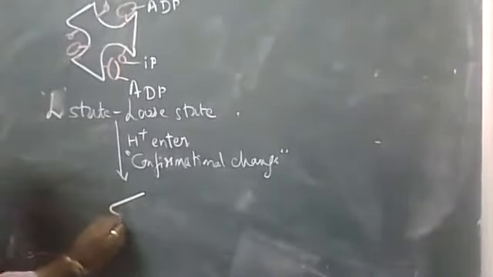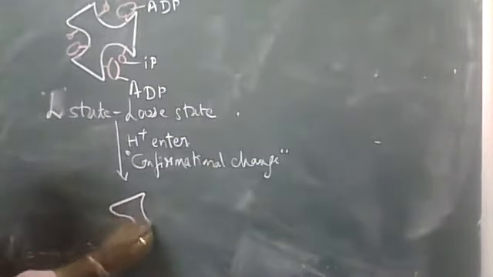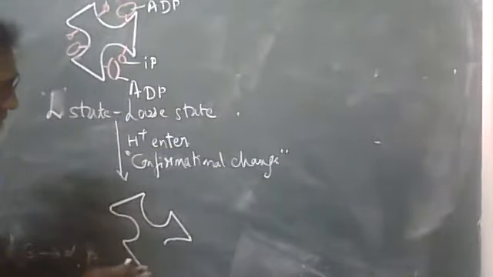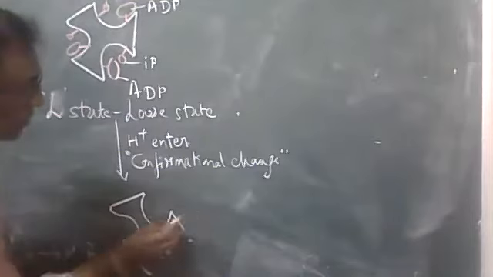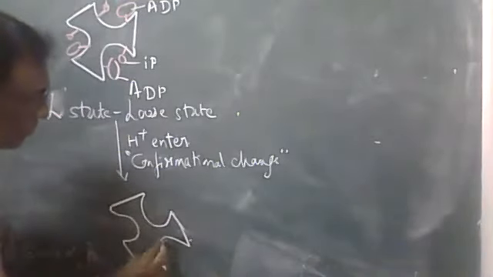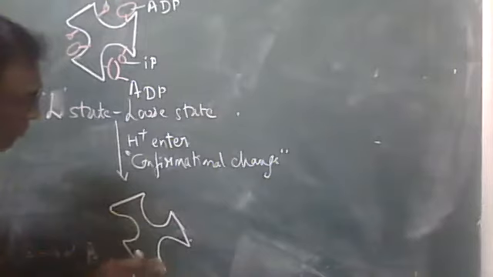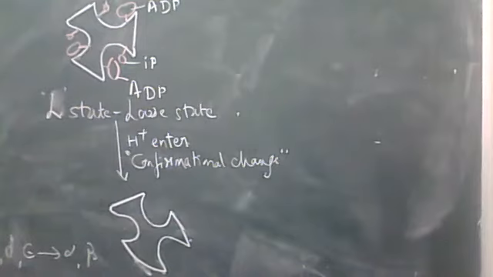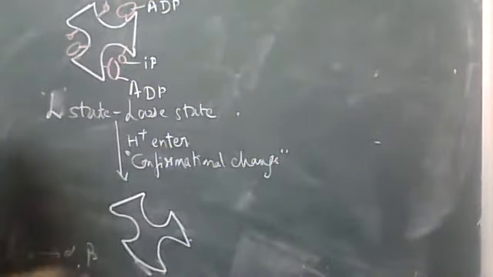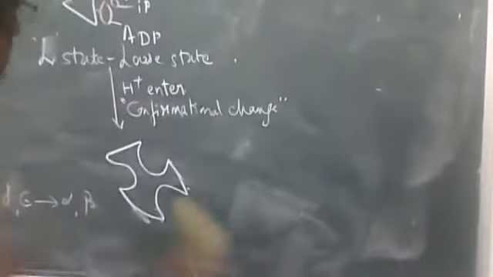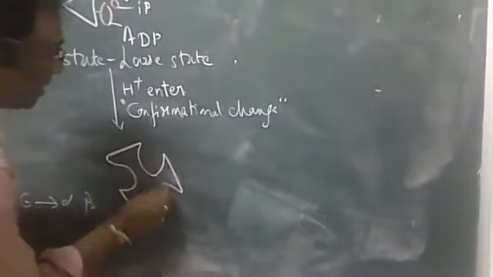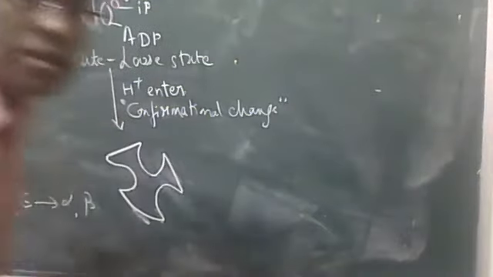Diagram changes. See? It's called the tight state. Tight means the modification of the enzyme will be there. See? This is called the tight state.